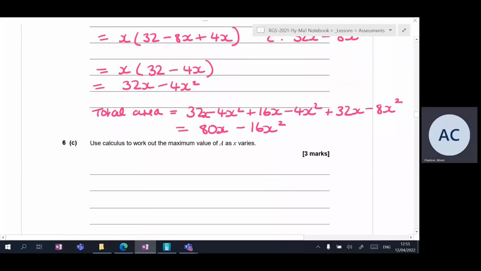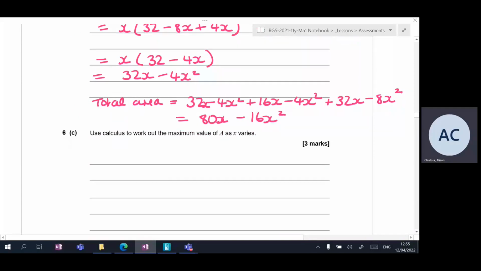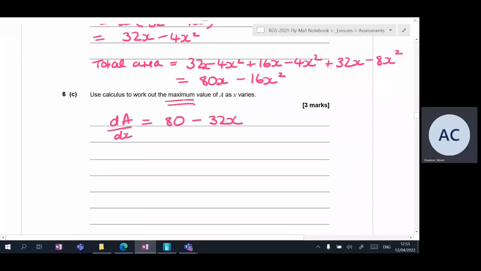So use calculus to work out the maximum value of A as x varies. So remember, as soon as you see the word maximum, you should be thinking about differentiating. So we want to differentiate A with respect to x. So that will give me 80 minus 32x.